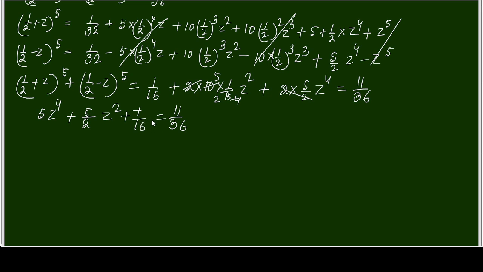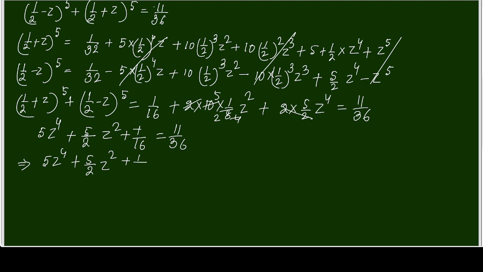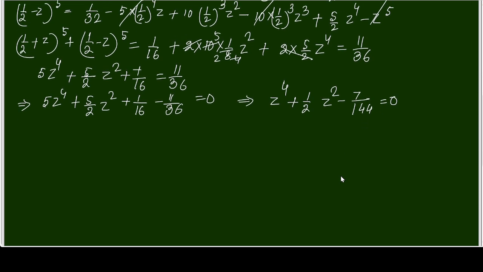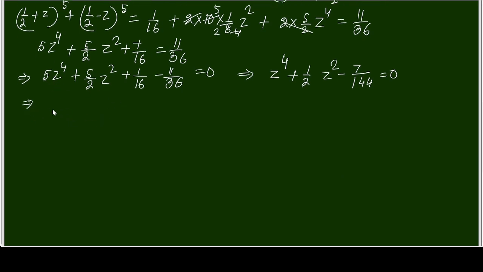If we simplify this, taking 5 common, this on simplification gives us z to the power 4 plus half z square minus 7 over 144 equals 0, or 144 z to the power 4 plus 72 z square minus 7 equals 0.